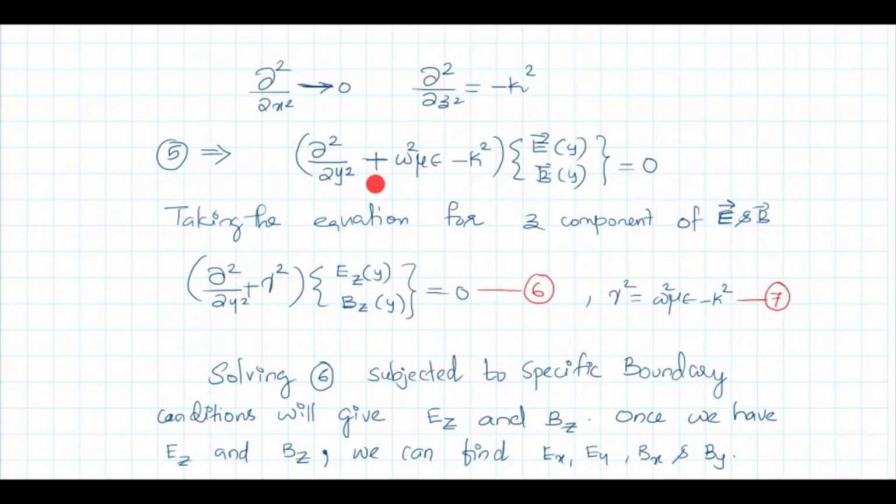And the wave equation becomes ∂²/∂y². Call this ω²με minus k² as γ², into Ez(y), Bz(y) equal to 0. This is a very important factor. And now this is actually a vector equation. It has three components, Ex, Ey and Ez.